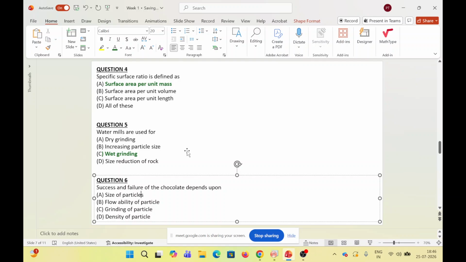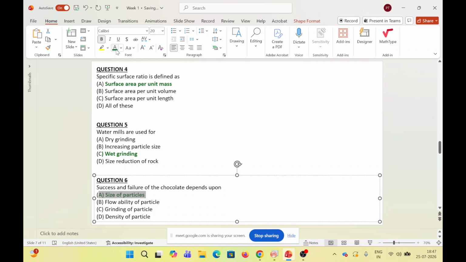Question 6. The success of a chocolate depends on the size of the particle. Because as we discussed in that example, the viscosity depends on the size. So the success or failure of a chocolate depends upon the size of the particle. If you have an optimum size, the mouthfeel will be good, so you will find it more tasty.